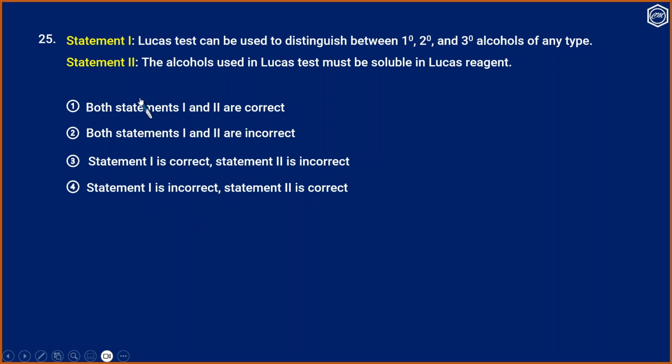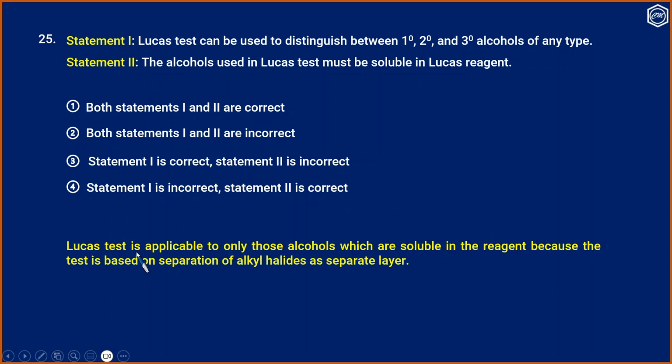Now, one basic requirement to use the Lucas reagent is that the alcohol must be soluble in Lucas reagent. Otherwise, turbidity will appear on addition of Lucas reagent. So Lucas test is applicable to only those alcohols which are soluble in the reagent, because the test is based on the separation of alkyl halides as a separate layer.